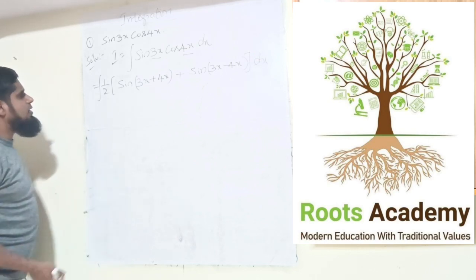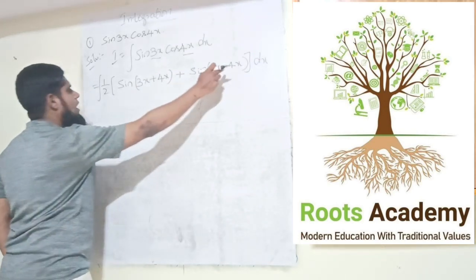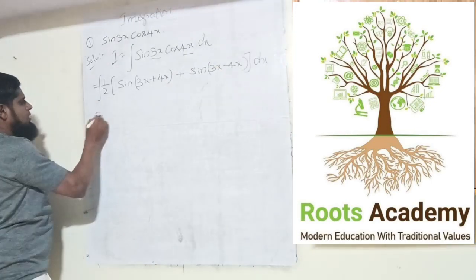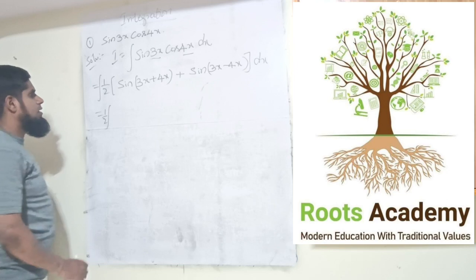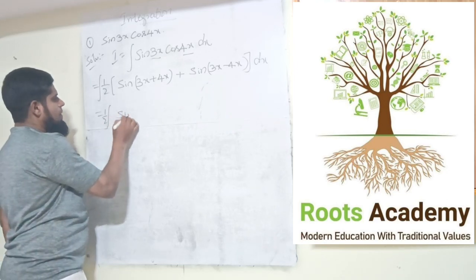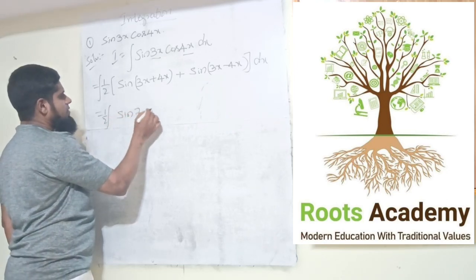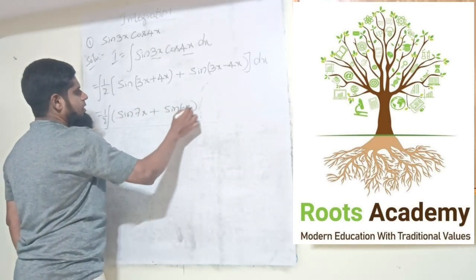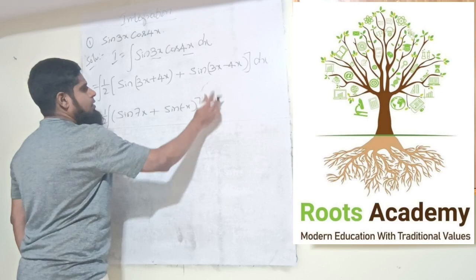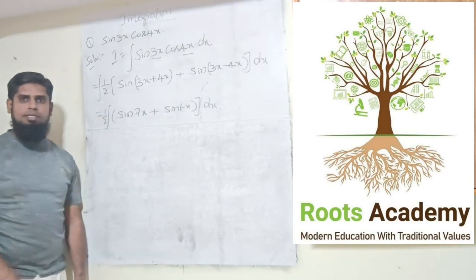The next step is very simple, just addition and subtraction of the angles. I is equal to half, which I will take outside the integral, of sin 7x plus sin of minus x. 3x minus 4x is minus x.